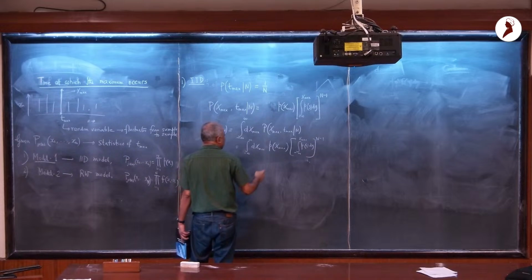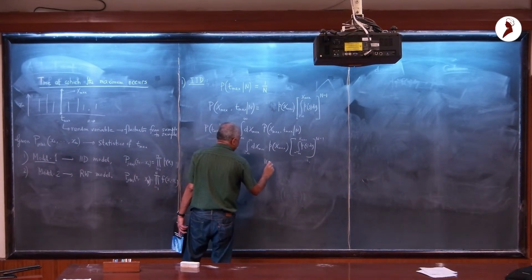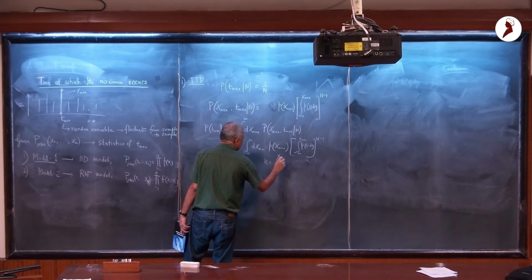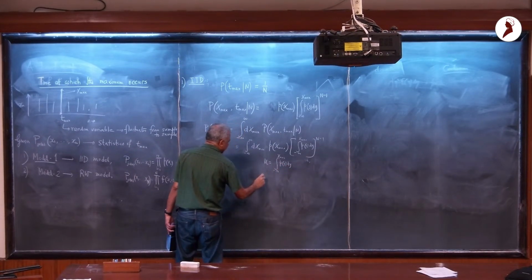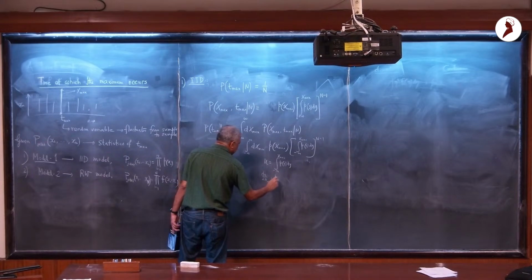Now, this integral looks quite complicated, but if you just make a change of variable, calling the cumulative distribution u, and take a derivative, you see that du over dx max is just P of x max.